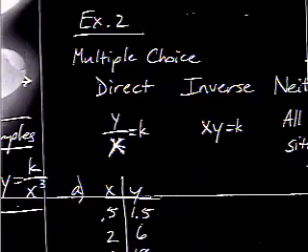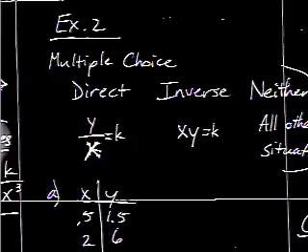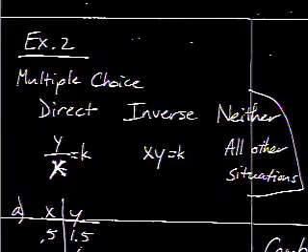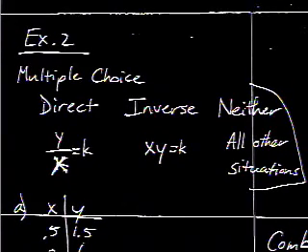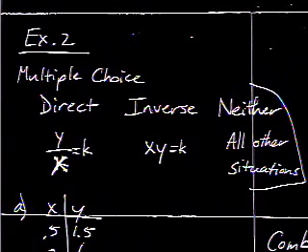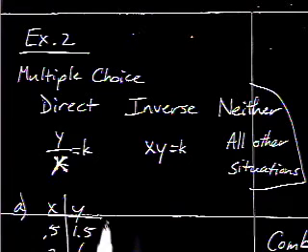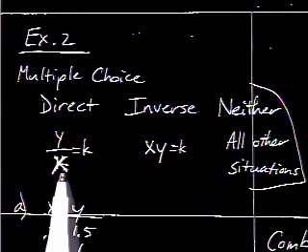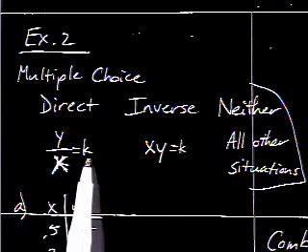All right, we're going to have questions like example 2, which are pretty much like multiple choice. Your 3 choices will be direct variation, inverse variation, or neither. Now, we talked about how direct variation was determined by taking the y values and dividing by the x values. And if you can do that, and every time you come up with the same number, then that's direct variation.